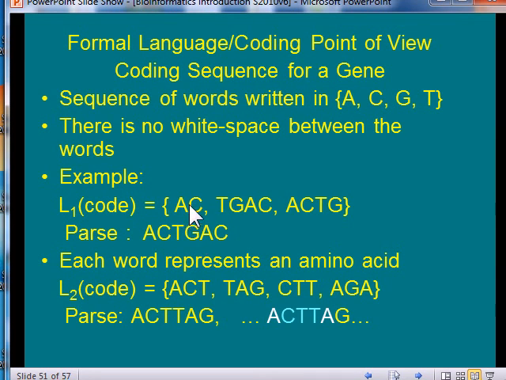Somebody might say AC, and another person might say TGAC, the first word and the second word. But somebody else might come along and say, well, no, it's the third word, ACTG, and the first word. So languages can be ambiguous. And so it is, the complications involved in amino acids and nucleotides in the language of life make it a real challenge to decipher the language of life.